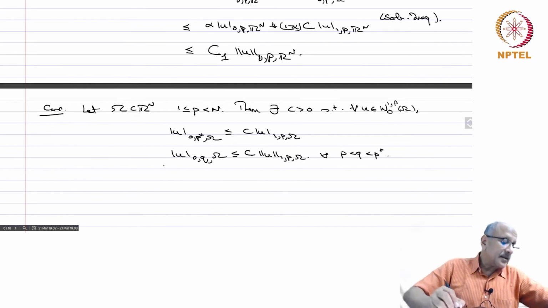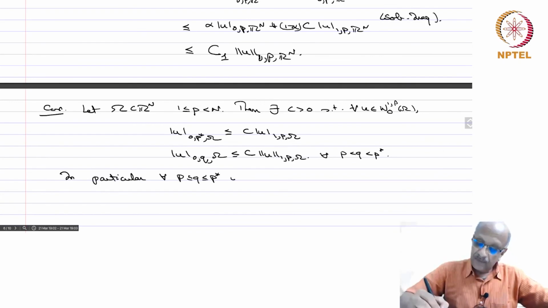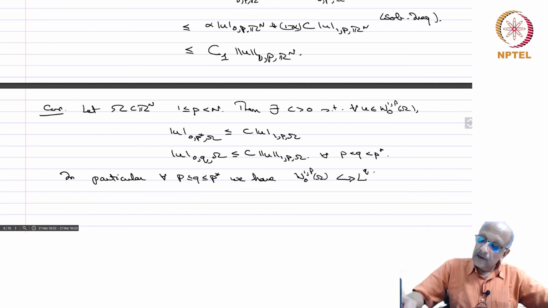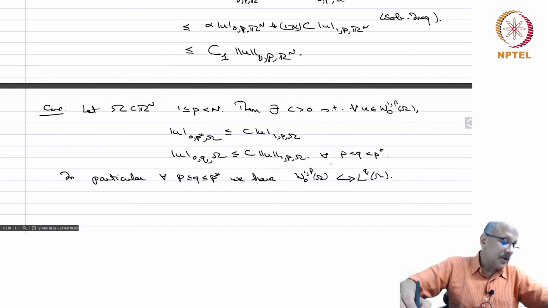And then in particular, for all p less than or equal to q less than or equal to p star, W^{1,p}_0 of omega is continuously embedded in L^q of omega because of these inequalities.